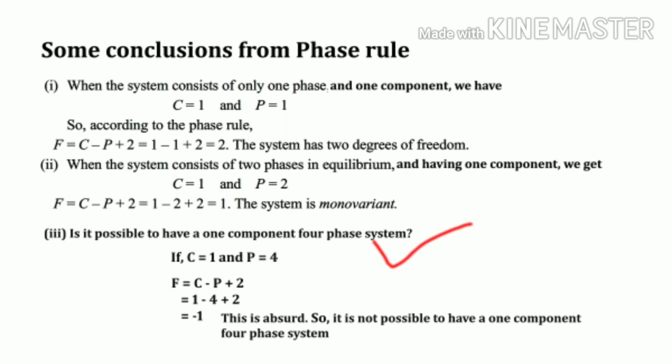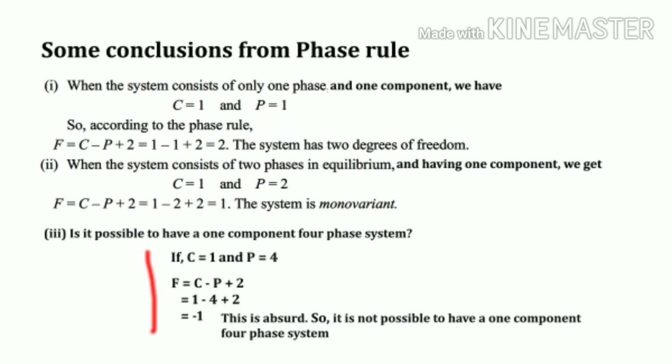Now consider another case. Is it possible to have a one component 4-phase system? Let us check this. If C is equal to 1 and P is equal to 4, then F is equal to C minus P plus 2, which is equal to 1 minus 4 plus 2.